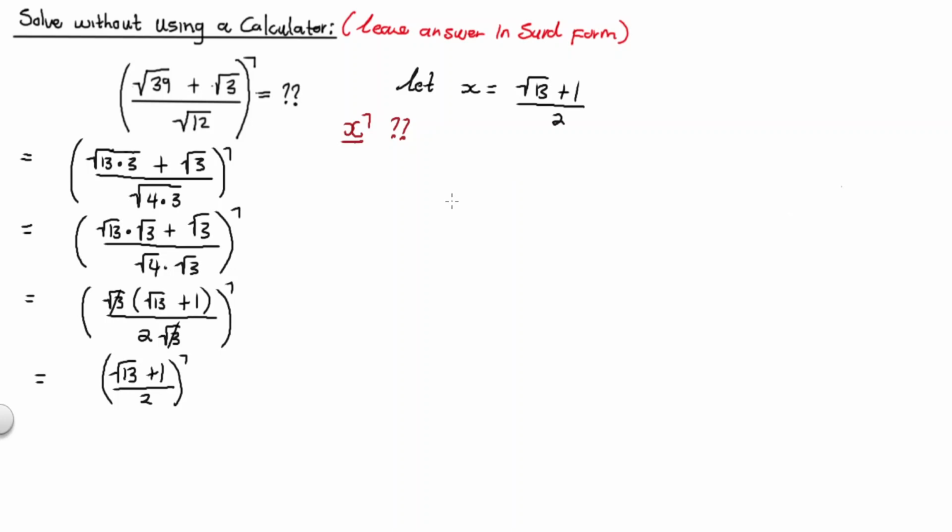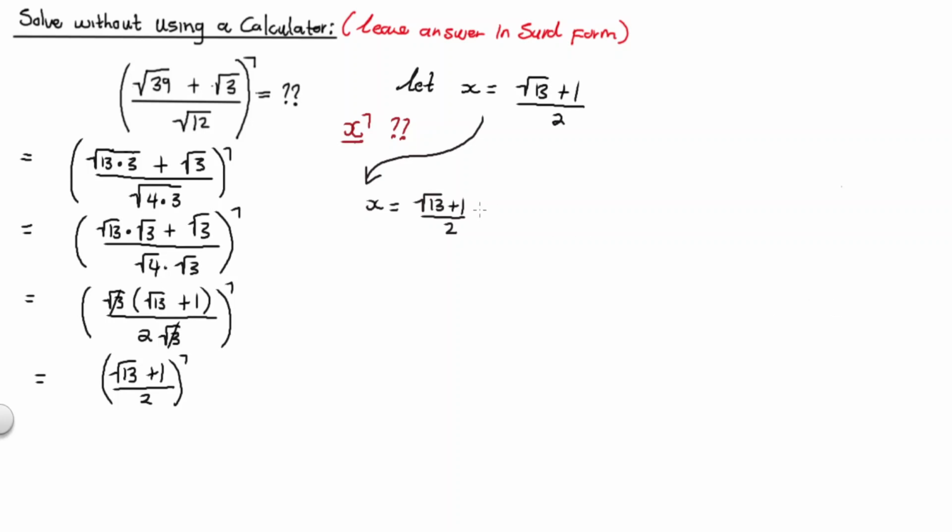Now, we're going to play around with this equation, x equal to square root 13 plus 1 divided by 2. So I'm going to try to simplify this.